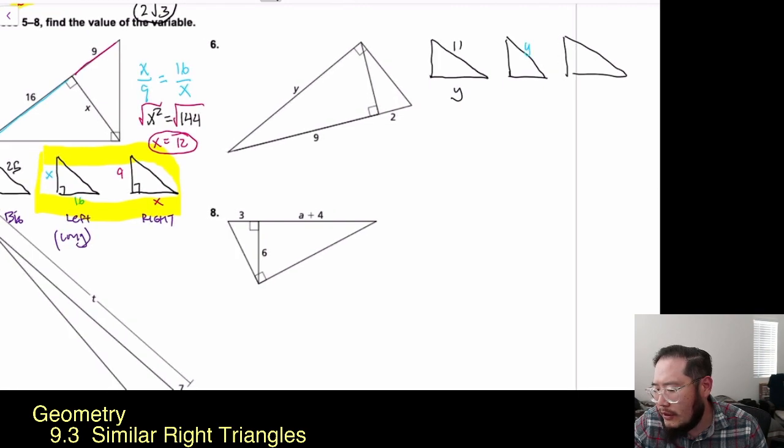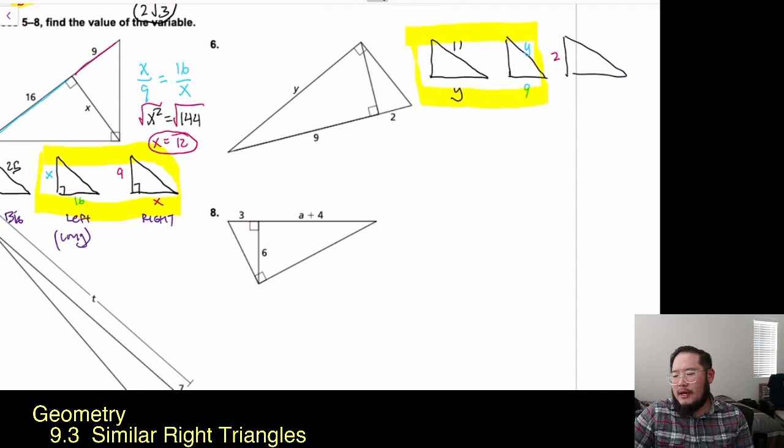And then with the triangle to the right, all they give us is the short leg, which is 2. So remember, after that, I'm taking a look at the information and this is what I see. With those 2 triangles, I've got corresponding parts where I could set up my proportion.